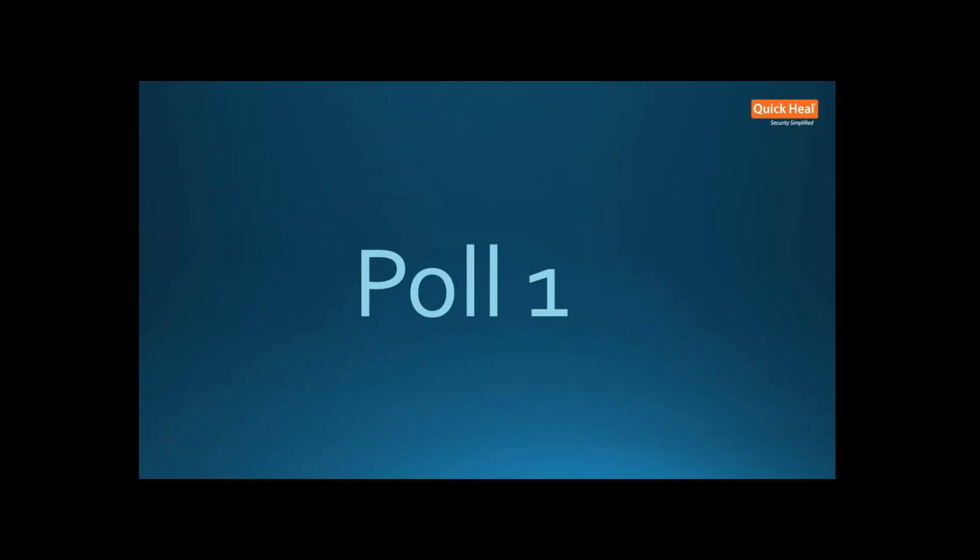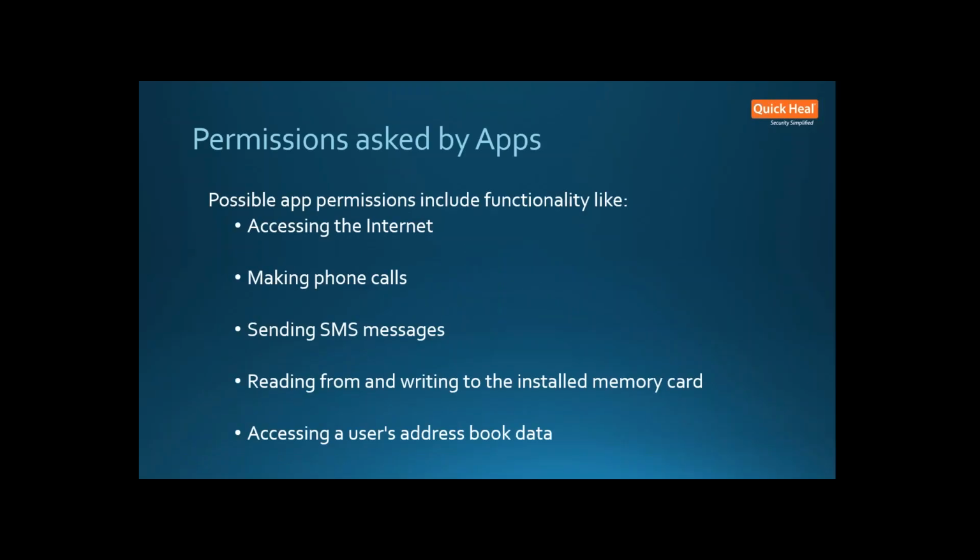Always stick to that. People who said no, pat your backs, because this is a best practice you should follow. Never download from third-party app stores. And people who have marked this answer saying they don't download from third-party stores as they feel it is too risky, definitely, there is a high amount of risk involved while downloading apps from third-party stores. Let me close this poll and proceed with the next slide.